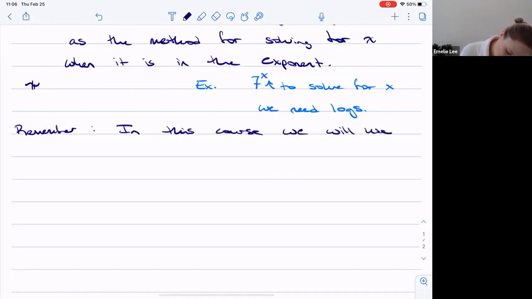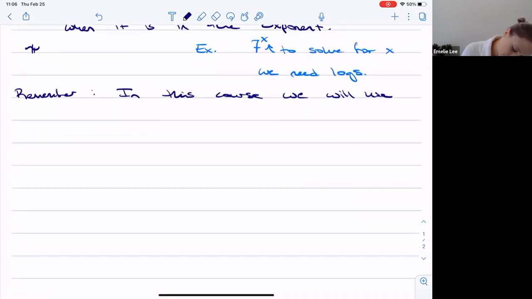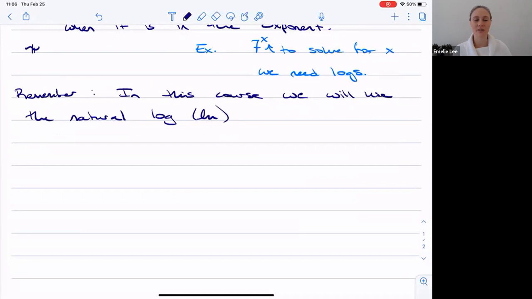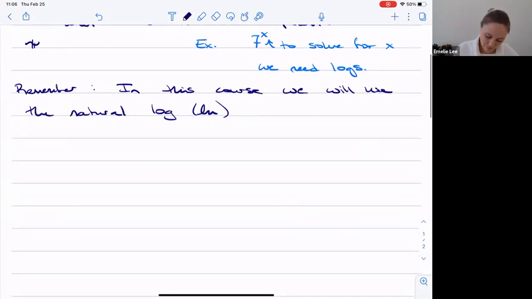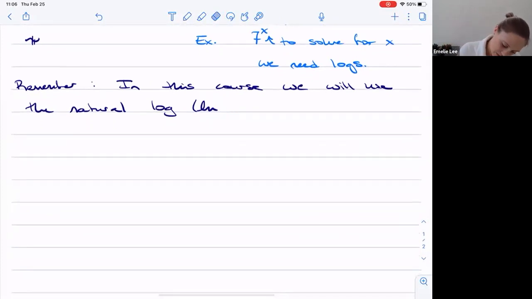Remember, in this course we will use the natural logarithm, ln. I usually write a little script ln, and I think I mentioned it last day. It's because I have spent years and years working with ln, and it just becomes this kind of script ln.